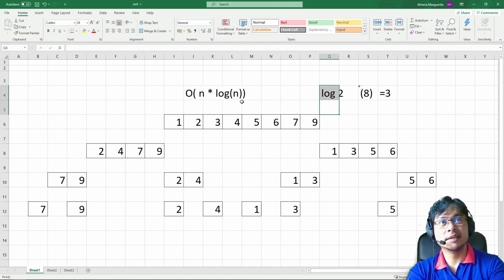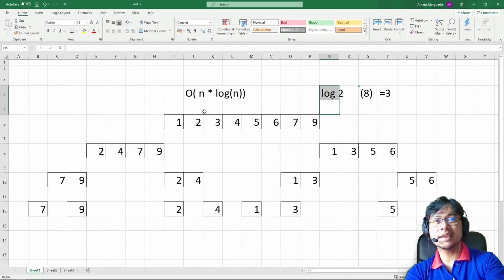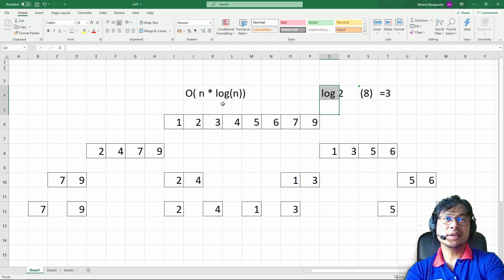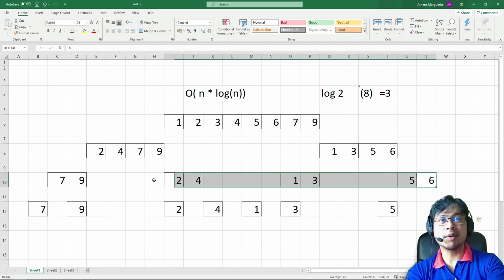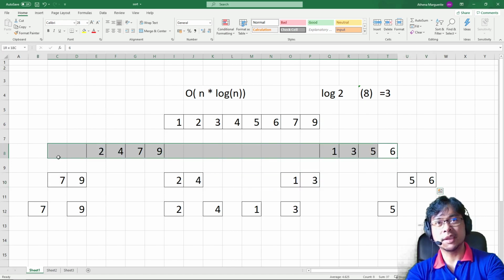Log of n. Is that clear? Hopefully. Now, if that is log of n, then you need to multiply it by n, 8 times. Why? The reason is that in every level of splits, each has its respective task, which is our sorting and the other functions.